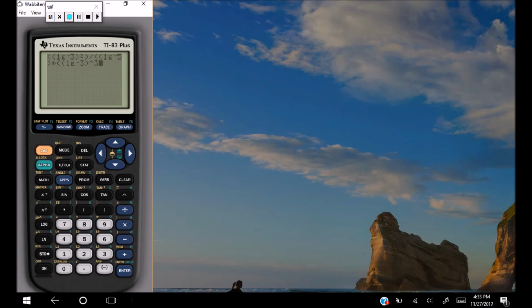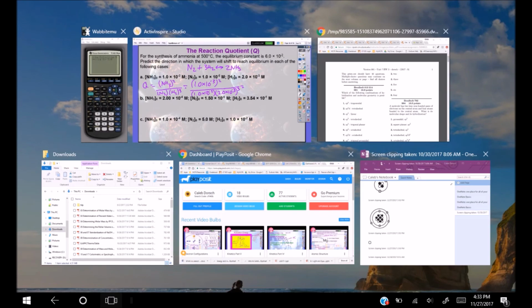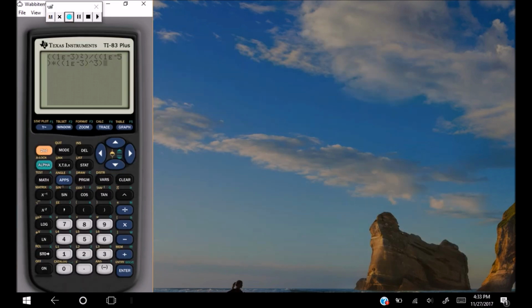This one's cubed. All right, let's double check. Sorry, it's supposed to be 2.0 to the negative third. Apologies. 2e negative third. Okay.